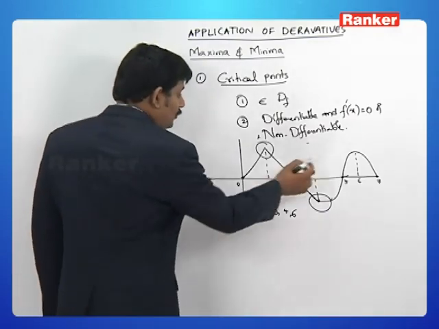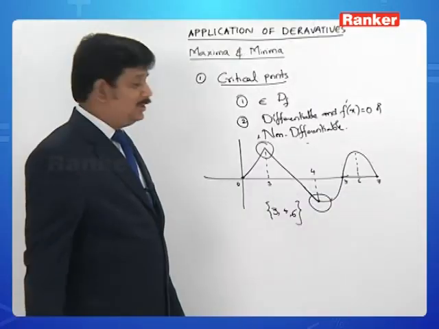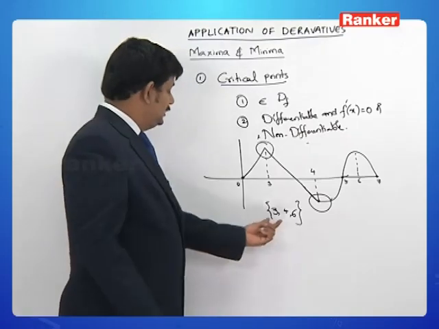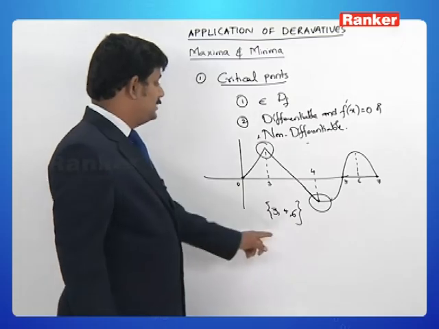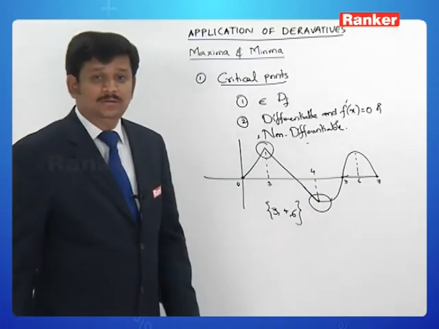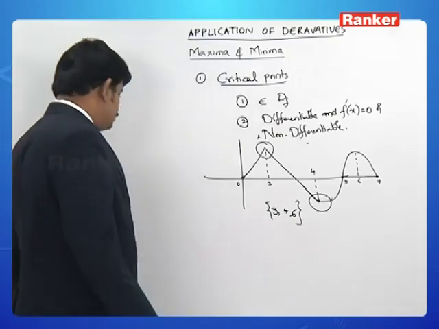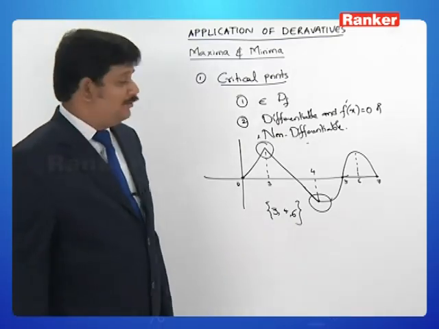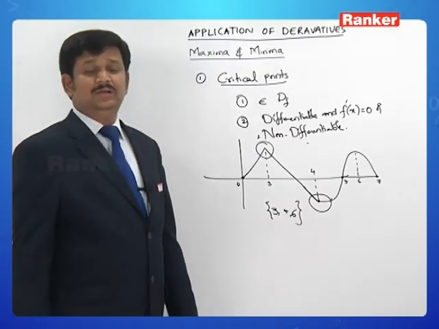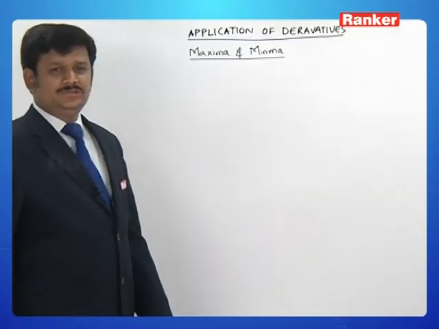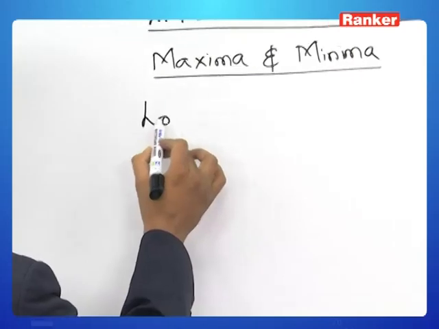So, we have only 3 critical points, 3, 4 and 6, all of them belonging to the domain. 3 and 4 are critical points because the function is not differentiable there, and 6 is a critical point because the derivative is equal to 0 at 6. So, in order to find critical points, we have to check for the points of non-differentiability or the points at which the derivative is 0. Then let us look at the definitions of local maxima and local minima.